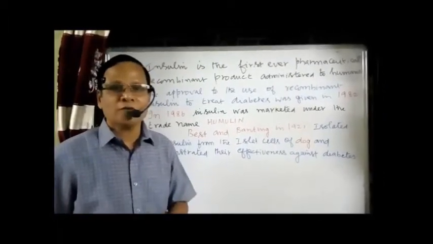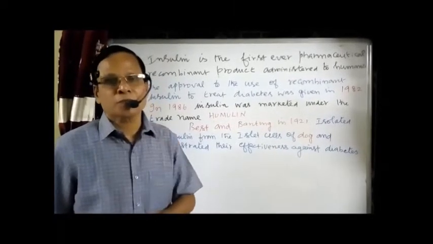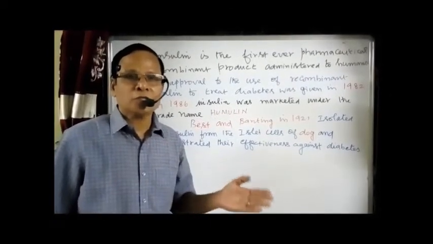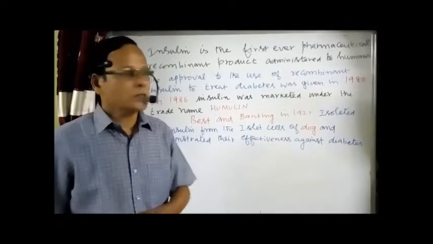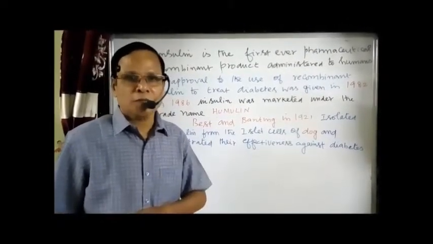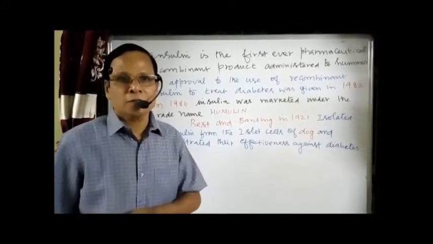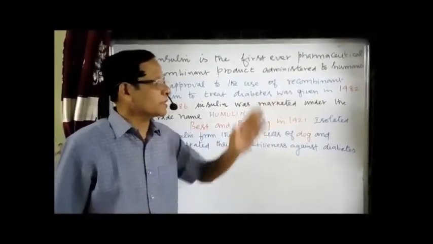Insulin is the first ever pharmaceutical recombinant drug that is administered to humans. The use of this recombinant insulin for patients with diabetes started in 1982.